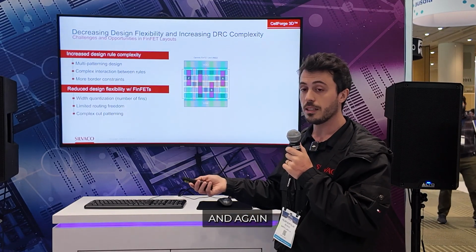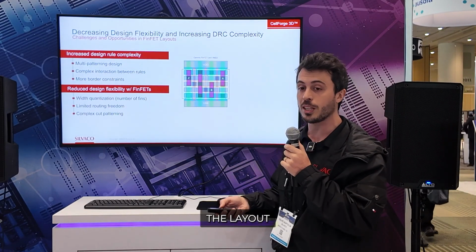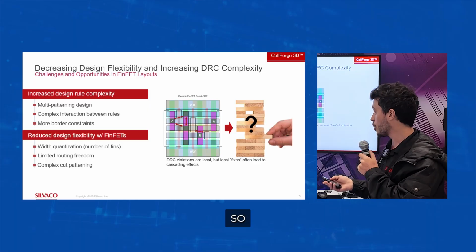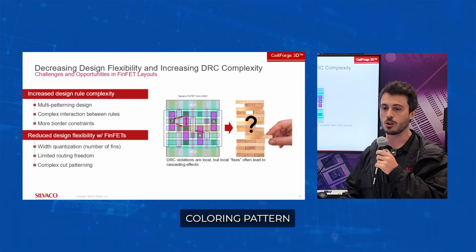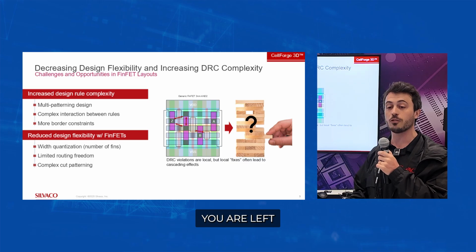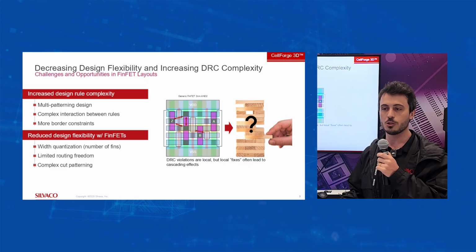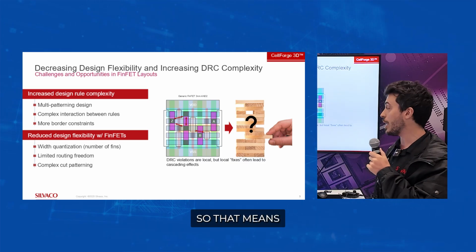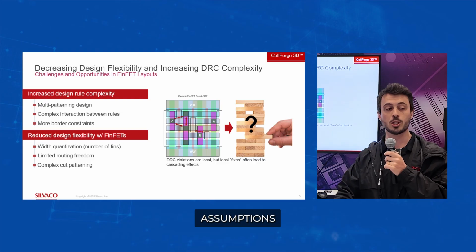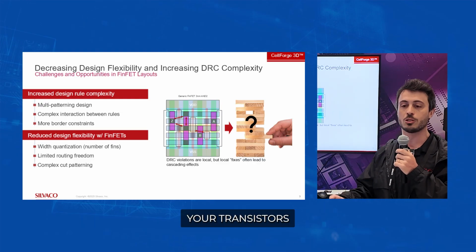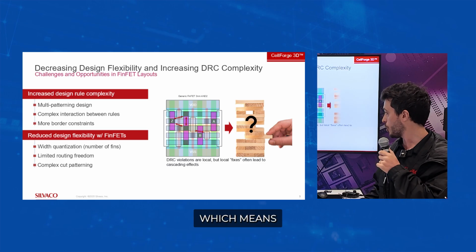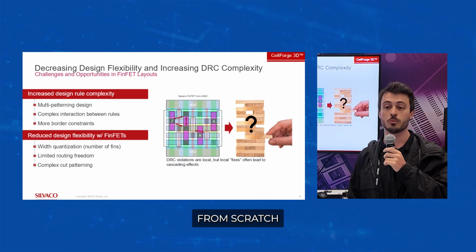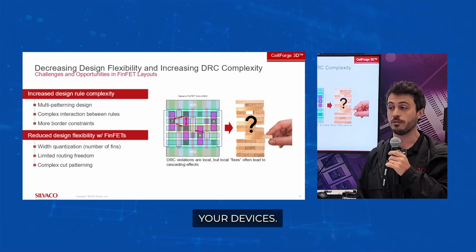Again, the possibilities of what you can do in the layout are very few. So if you find out that your vias are violating a certain coloring pattern, we're left without options to fix that. That means your initial assumptions, the way you placed your transistors, are not valid to create a solution, which means you'll have to start from scratch and replace your devices.